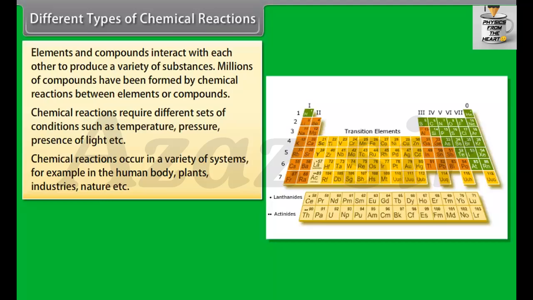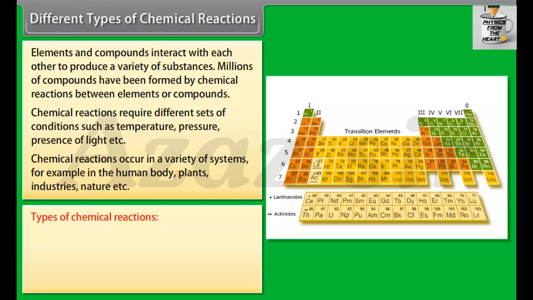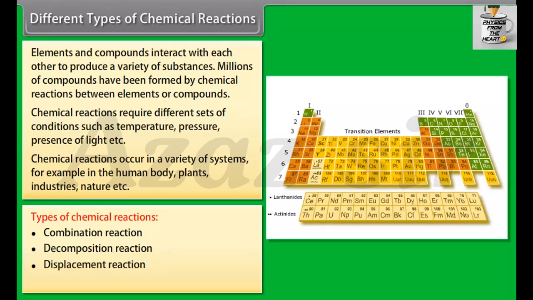For example, in the human body, plants, industries, nature, etc. Types of chemical reactions: combination reaction, decomposition reaction, displacement reactions, double displacement reactions.